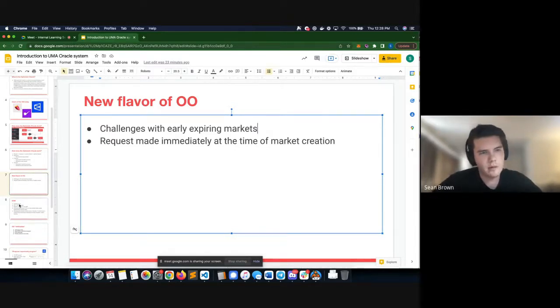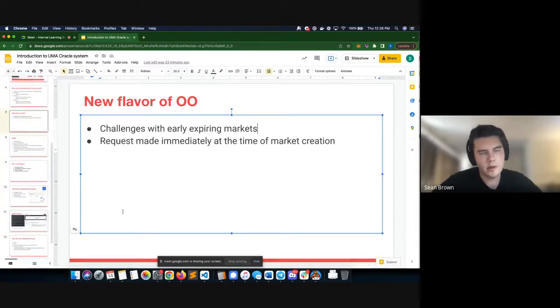We'll talk more about that later on in the yes or no query example, but there are also situations where the proposer can answer the requester and say you're actually requesting this market too early, and we'll answer with what we call a magic number, which is just our way of saying this market is not yet settleable.